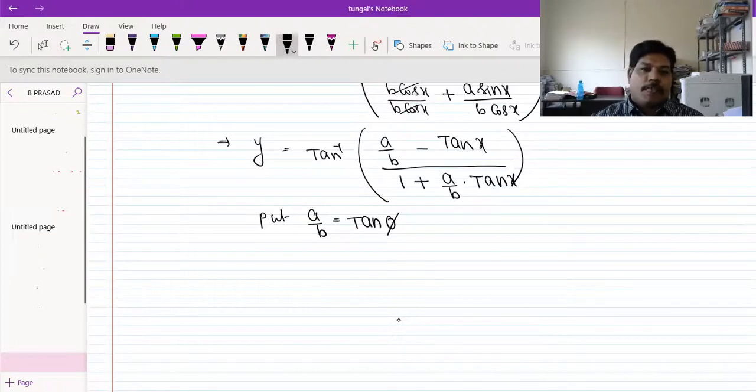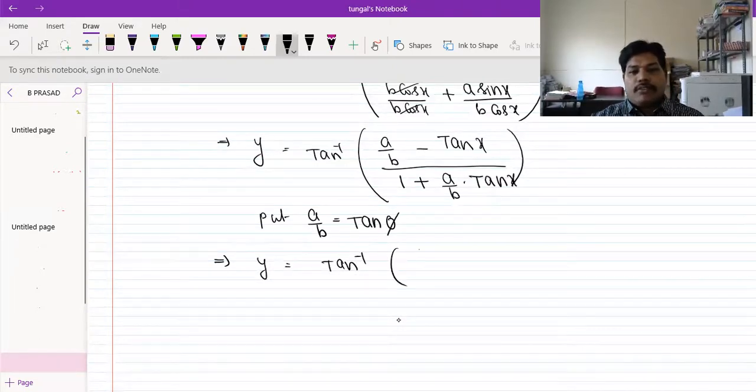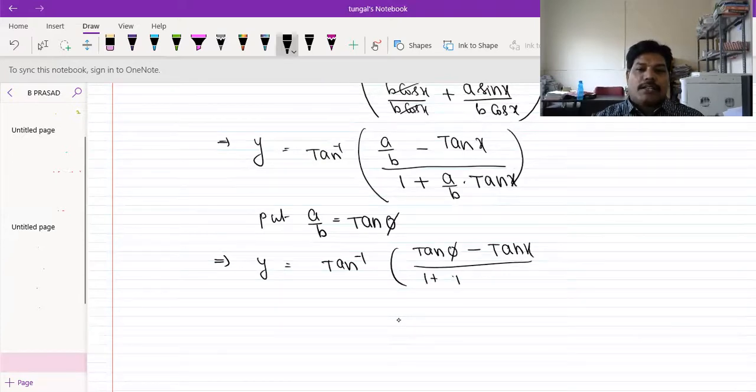So what happens? That implies y is equal to tan inverse of tan phi minus tan x by 1 plus tan phi into tan x.